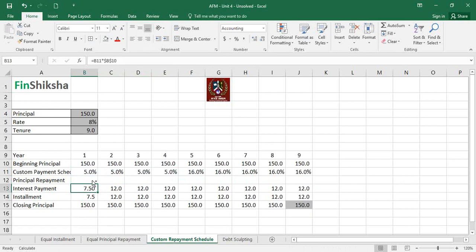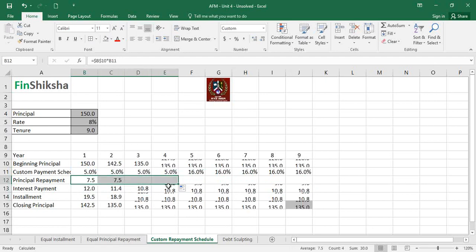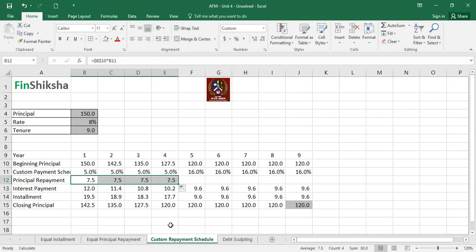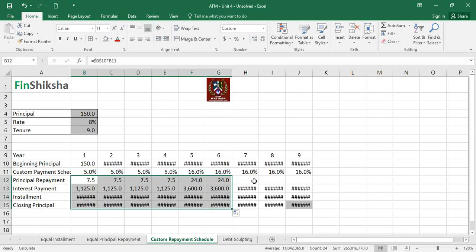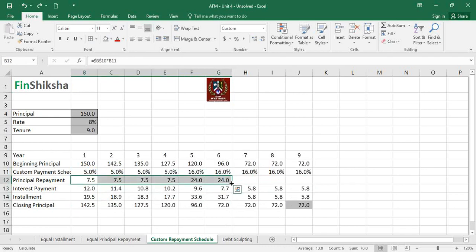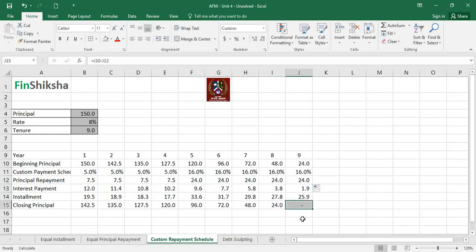So the principal repayment is going to be 150, frozen, times 5%. That's 7.5. Subsequent year 7.5. For the first 4 years this number will be 7.5, and then 16% is 24. So over the next few years we're going to see a bigger payout of the overall principal.